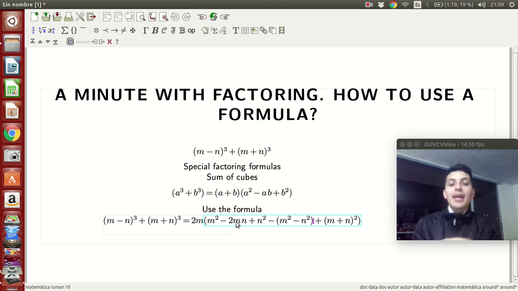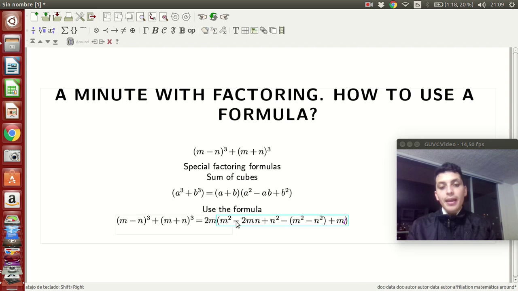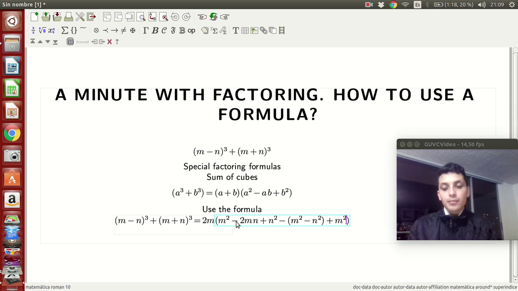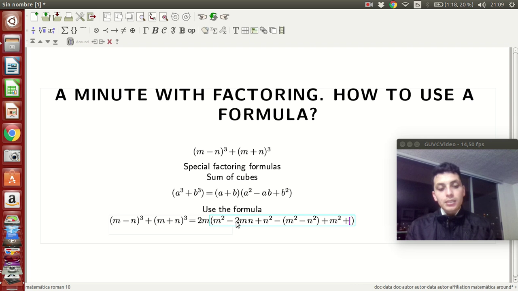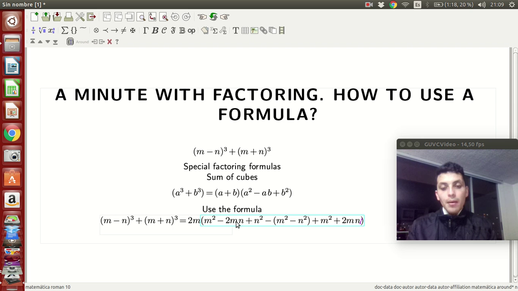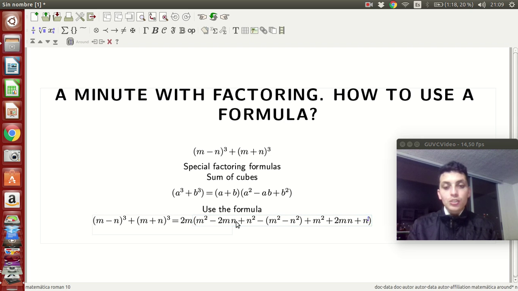And finally, this is another perfect square, but with a positive sign. So instead of m plus n to the second power, we'll have m to the second power plus 2mn plus n squared.